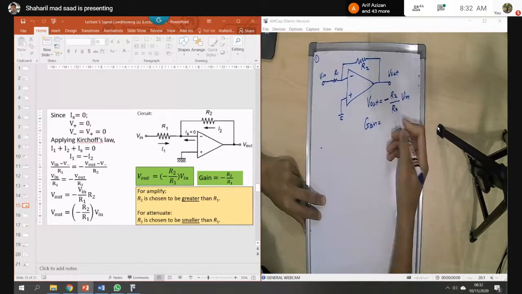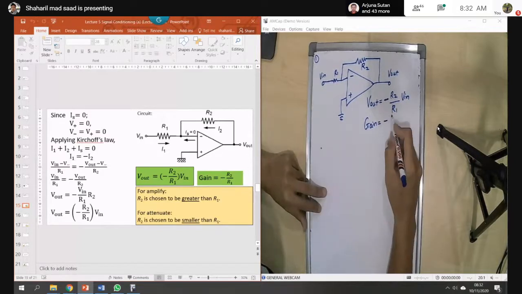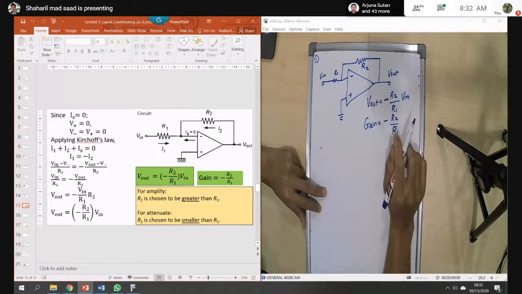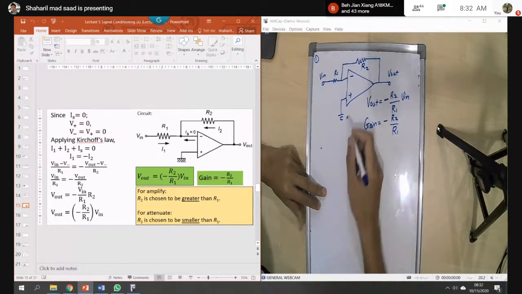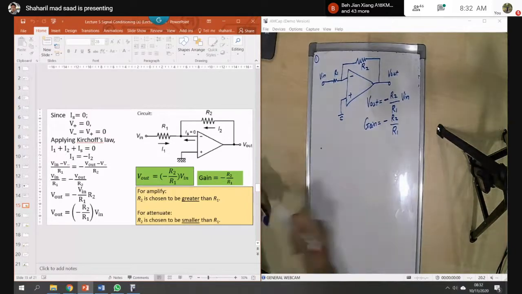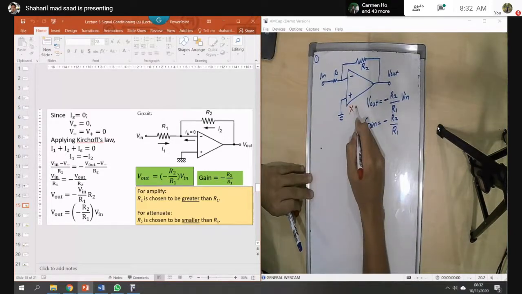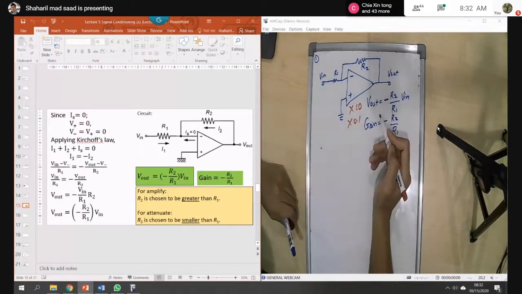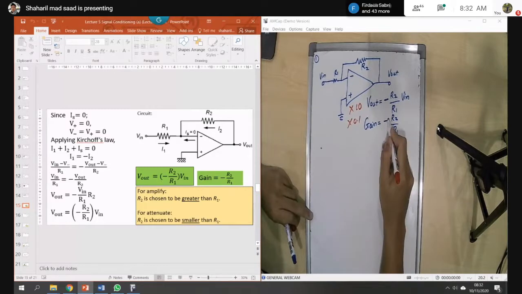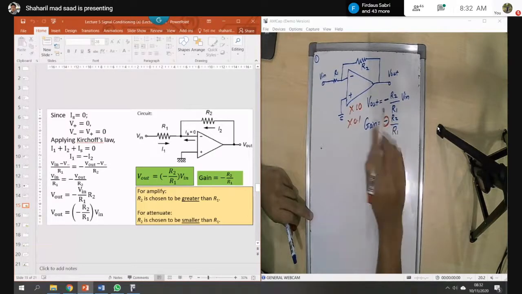We can say you can take negative R2 over R1, but actually the gain is positive, because you only have the gain times, for example, 10, or maybe the gain is times 0.1. So the negative symbol here means it will invert it.